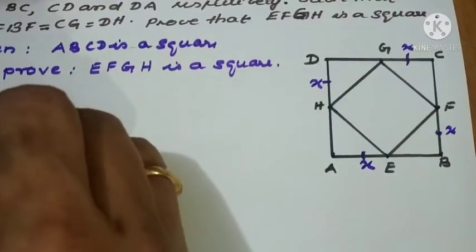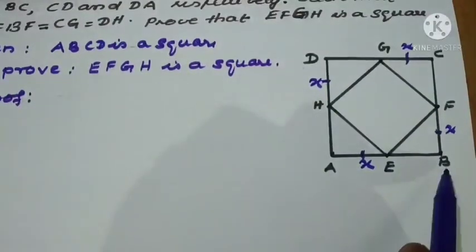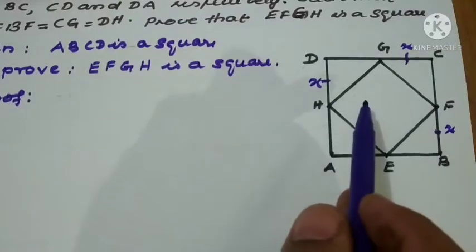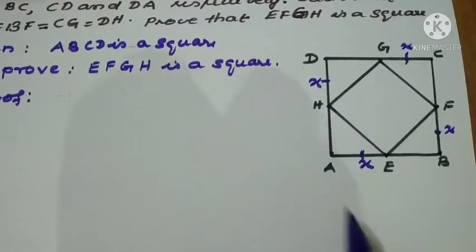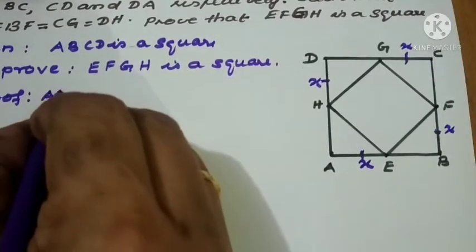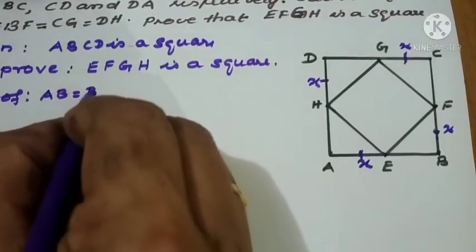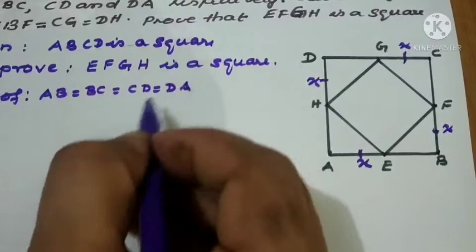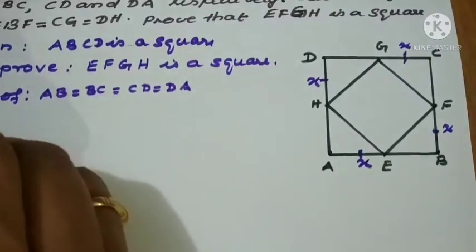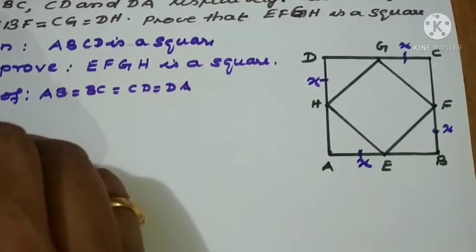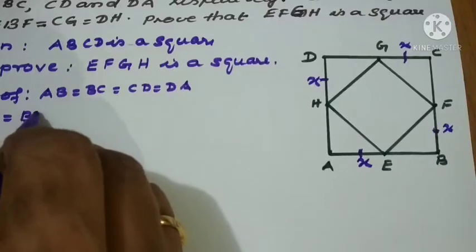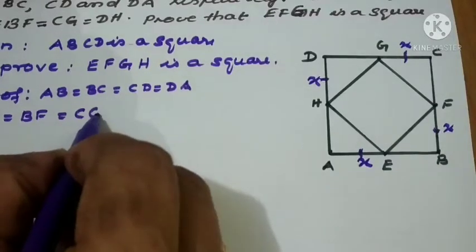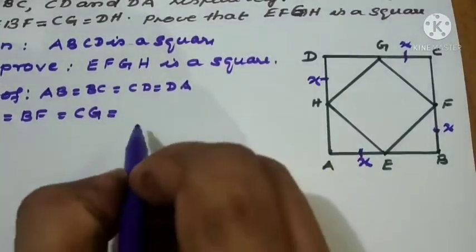Proof. We already know that AB equal to BC equal to CD equal to AD, because all the four sides are equal. Now it is given that AE equal to BF equal to CG equal to DH.